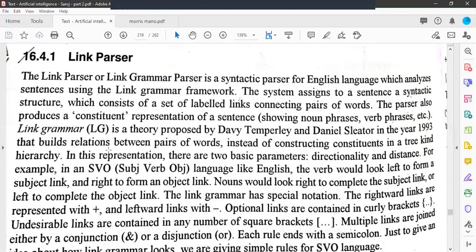That is one way of doing parsing. Another one is by using link grammar.